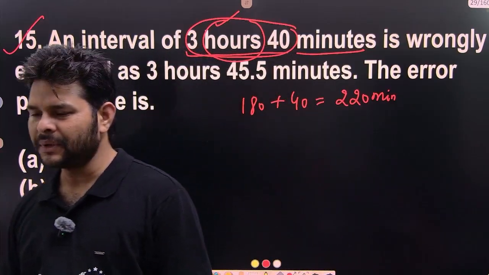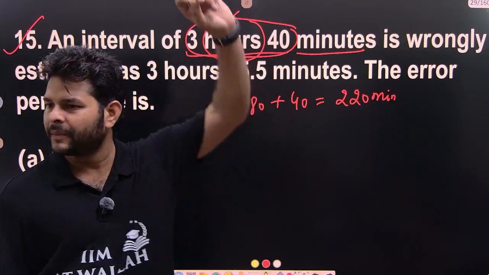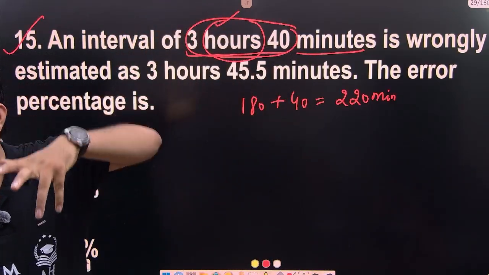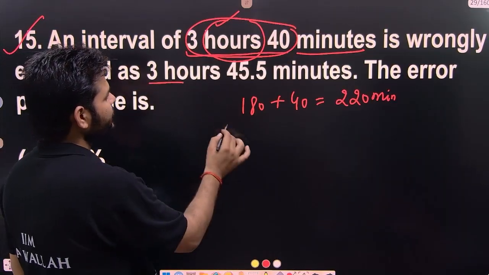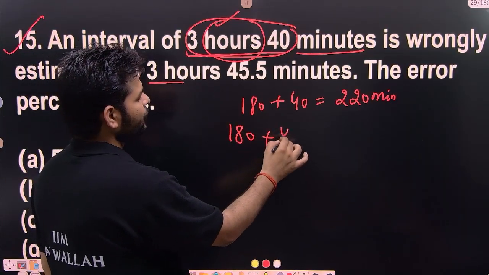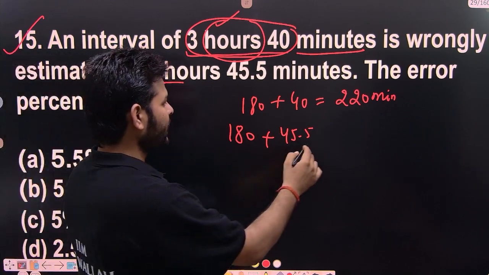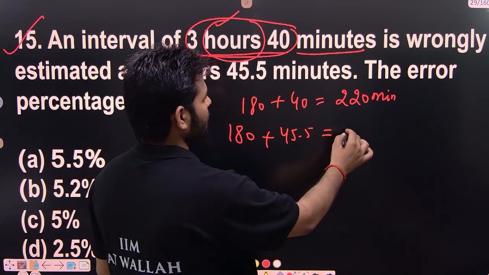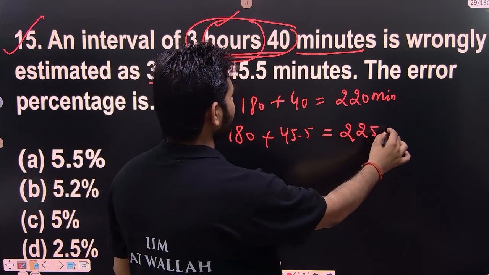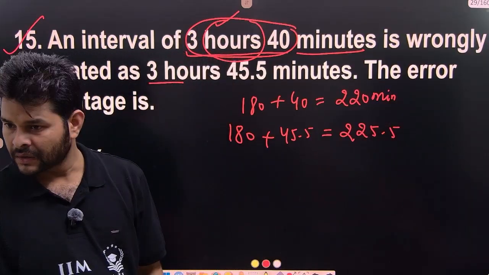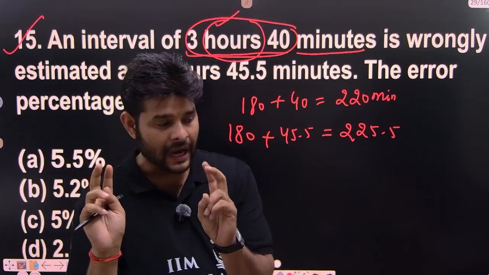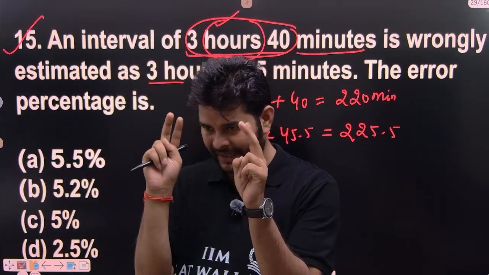He should have typed 220 minutes, but wrongly he typed 180 plus 45.5 minutes. If you add it, you will get 225.5.